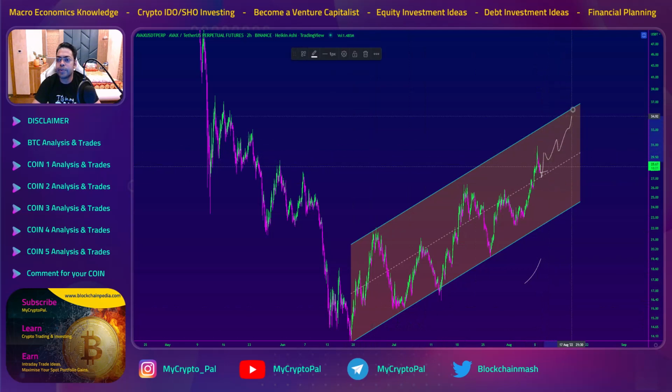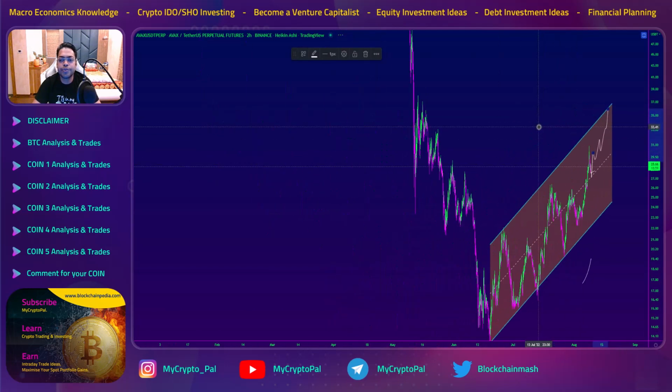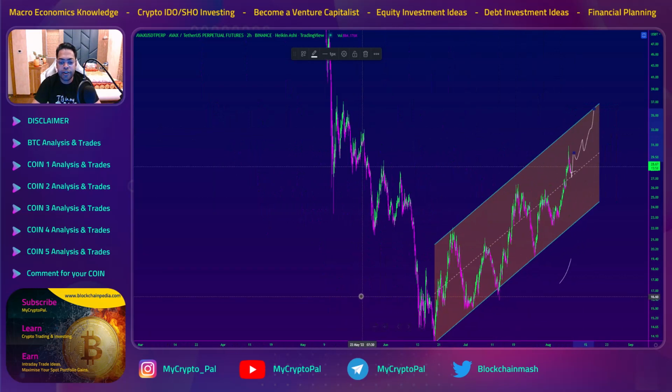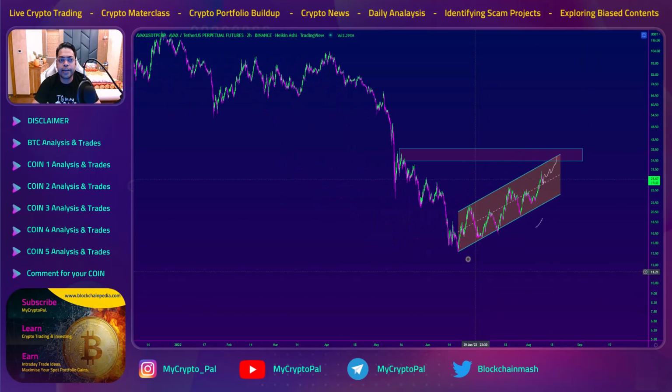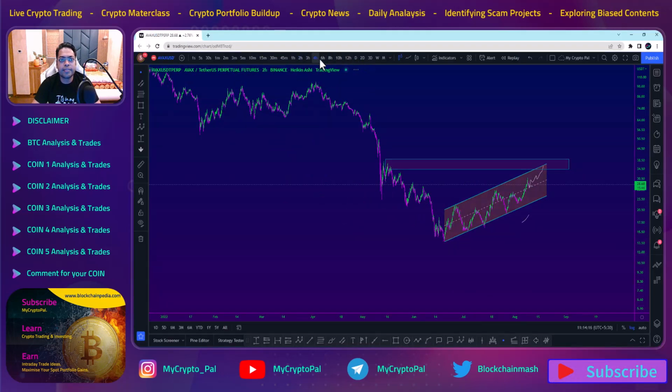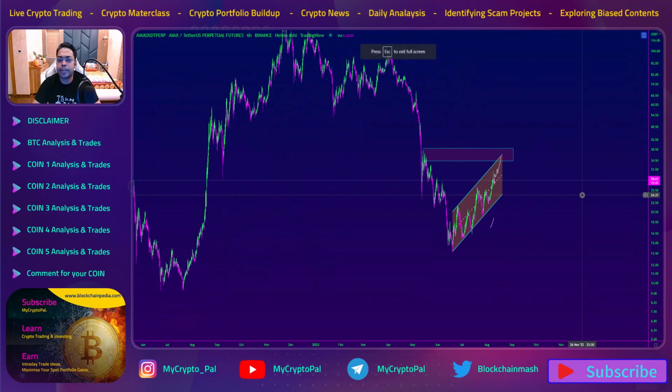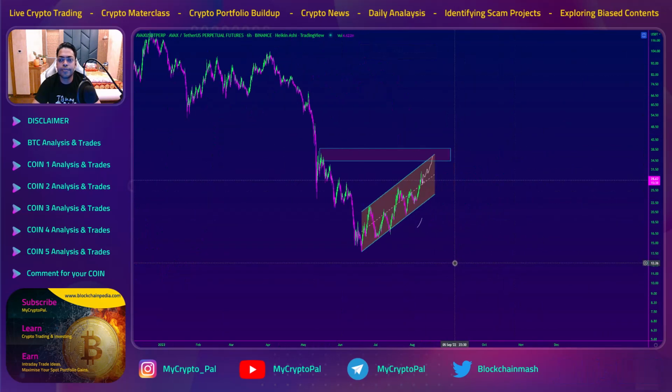Yeah, I want to see AVAX going to the top of the zone, because you can see there is again a lot of liquidity in that area. The entire area over here is full of a lot of good liquidity, and if you go on higher time frames in AVAX, like 4 hours or 6 hours, you can see that this whole zone is full of liquidity.